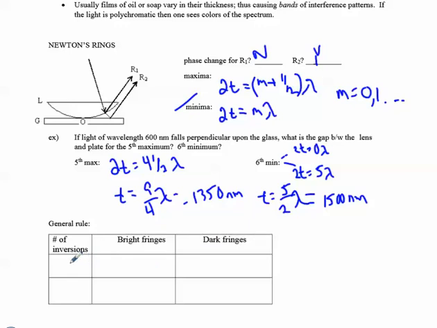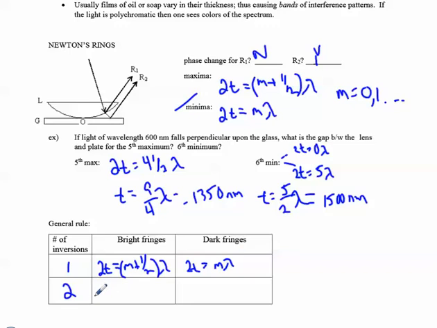Okay, so if you have either 1 or 2 inversions, we get opposite effects. When you only have one inversion, either from the initial reflected ray or the second reflected ray, the bright spots are going to occur when 2t, twice the thickness of the air or the film, is equal to (m plus 1/2) lambda, and dark will be when 2t equals m lambda.